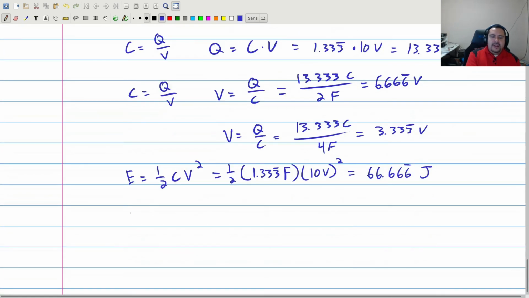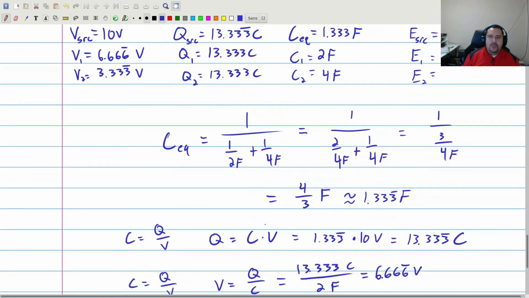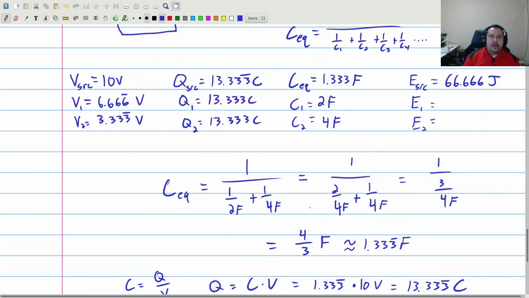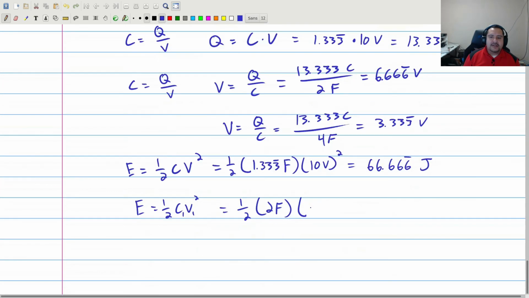Okay, E is equal to 1/2 CV squared. This is going to be for capacitor 1, so 1/2 times, what is our C1? It was 2 farads. Times, what was V1? V1 was 6.66666 volts, squared.